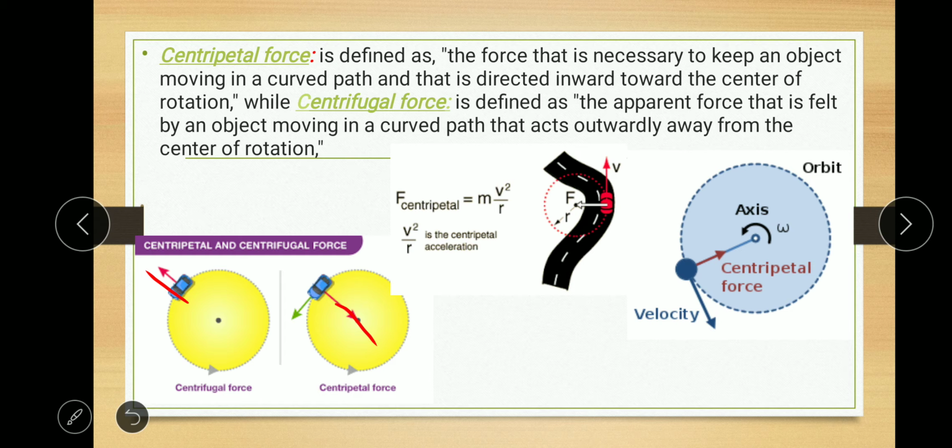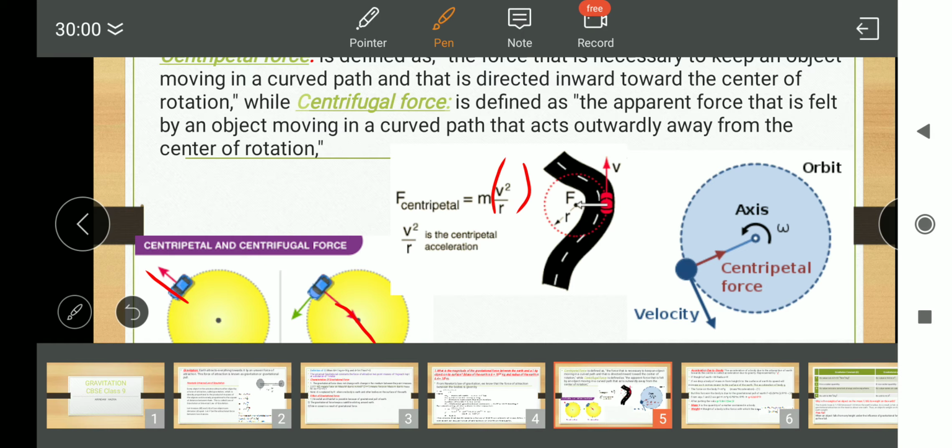So m v square by r. Here also is Newton's second law: F is equal to m a, force F equals m, the mass, times a, the acceleration. So this is circular motion, right? So here m is the mass and this is the acceleration, v square by r. Clear?